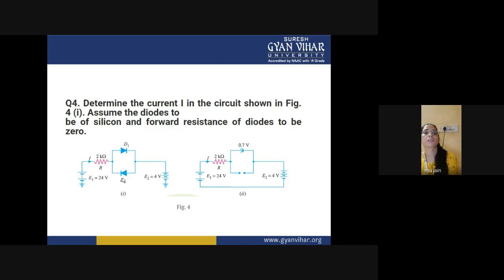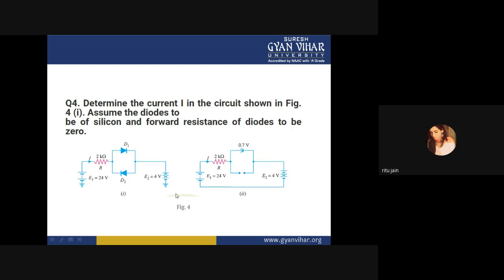So what is happening? The depletion layer is increasing. That's why there is no movement of holes and electrons across the p-n junction. So there will be no current when the diode is in reverse biasing. That's why we are taking this diode as an open circuit.